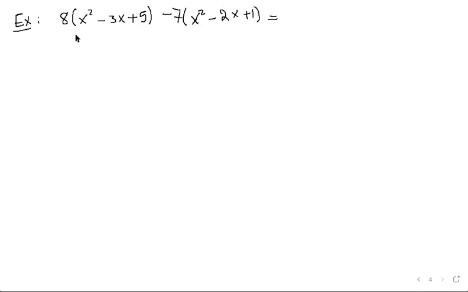Distribution. What is that? What do we have to do? We distribute the 8 and the 7 inside the parentheses. Perfect. So we distributed the 8 inside the parentheses, and minus 7, everything again inside the parentheses.